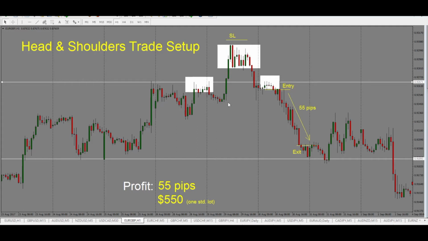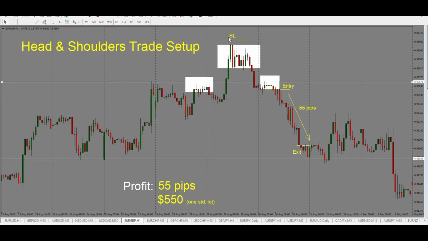So just to recap, we are looking for three levels here. We have a head in the middle and a left shoulder where price reacts before it pushes to the next level, and we have a right shoulder where price reacts again at the same level. Once we see price hold below the right shoulder here at the support and resistance level, we enter the trade short.